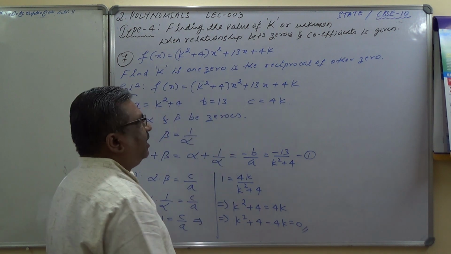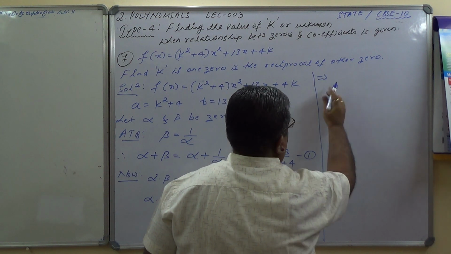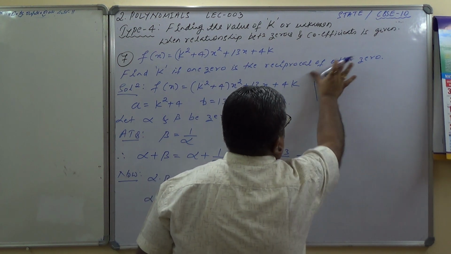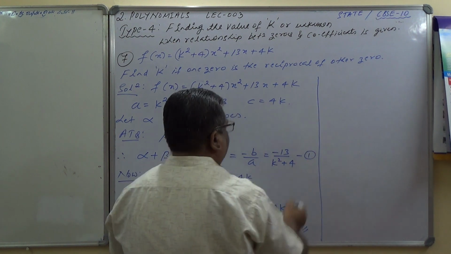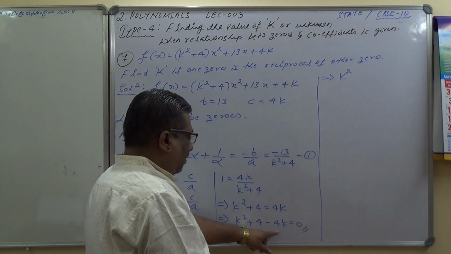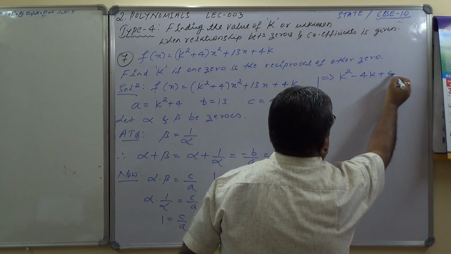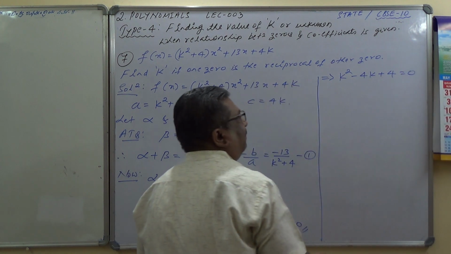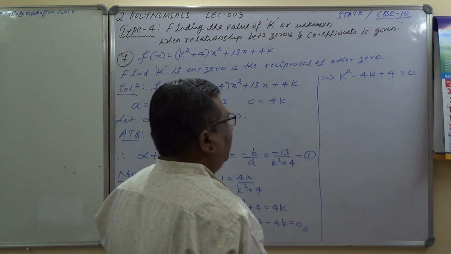So this is a quadratic equation and I'll solve it over here. k square minus 4k plus 4 equals 0. So by splitting the middle term, is it possible?